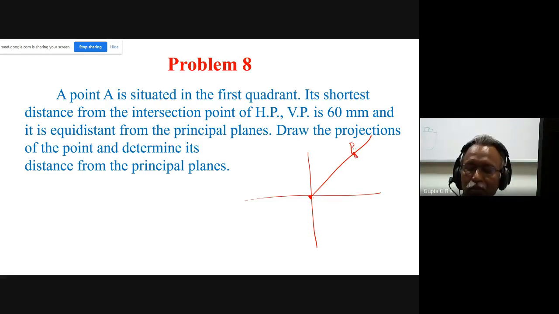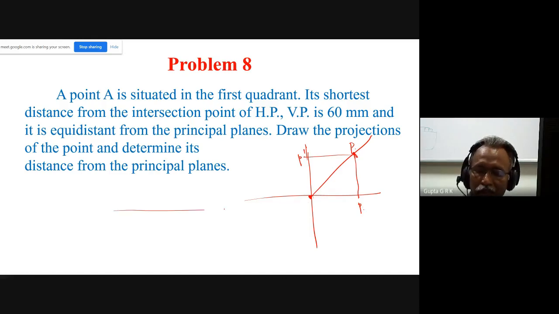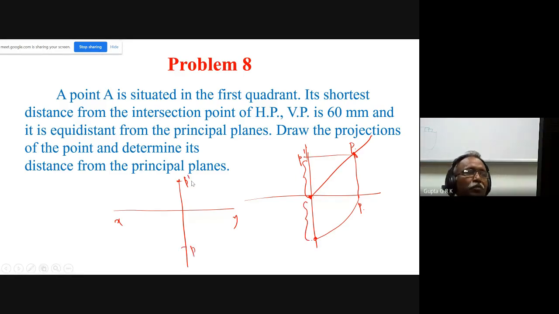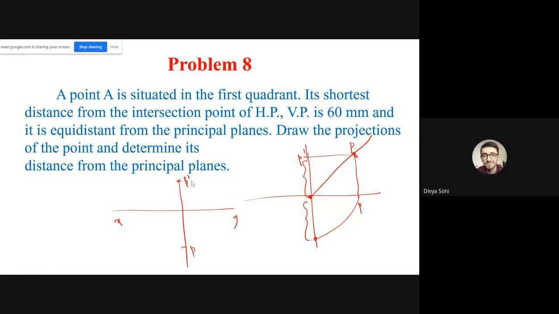This is the physical point. Then you can get the front view and top view here, Q dash and P. Now you have to draw the XY line, and on this you take this P dash here, and P comes below. Like that you have to draw. Is it okay? Yes, sir.